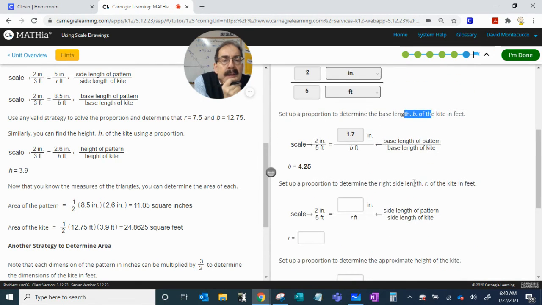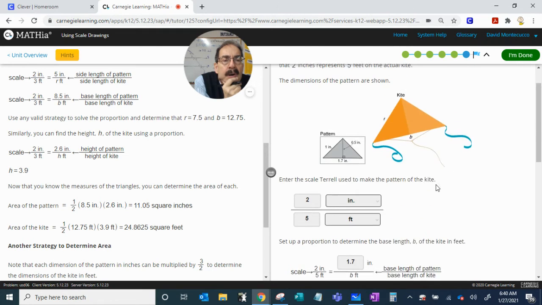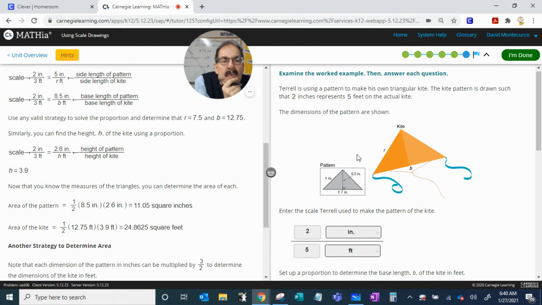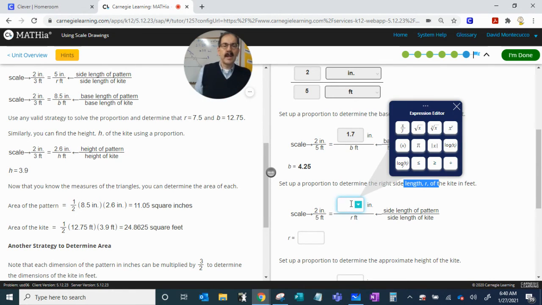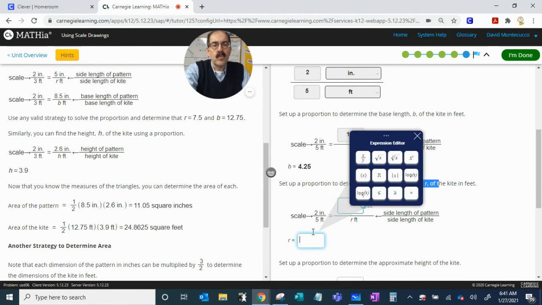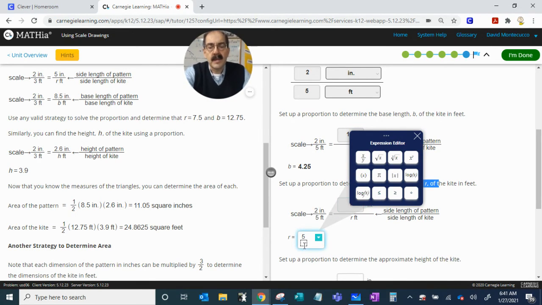Now we got to do the side length. We did length B. Side length R, 1 to R. If it's 1, then we have our fraction, 5 times the 1, all divided by 2.